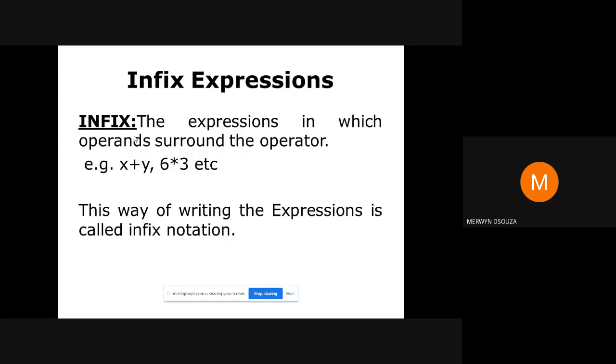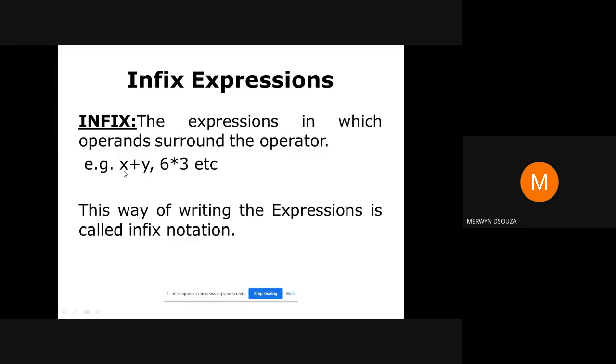In an infix expression, the operator is in the middle of the operands. The operands are on either side of the operator. Every operator requires two operands to perform the operation. This is the way you would have written an infix expression.